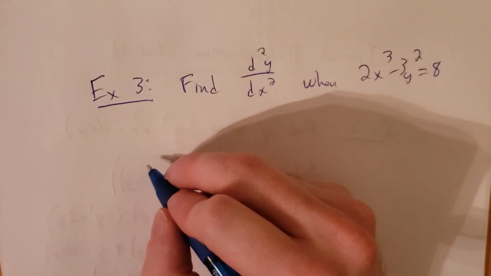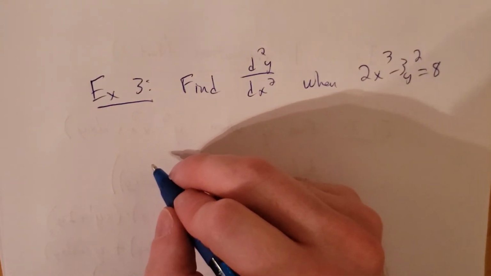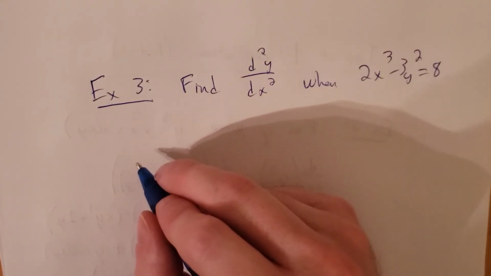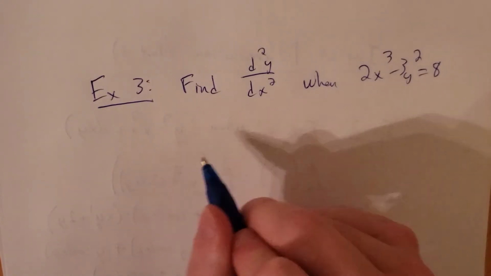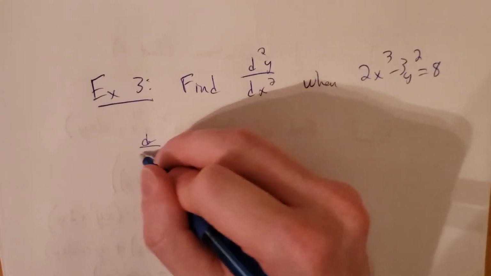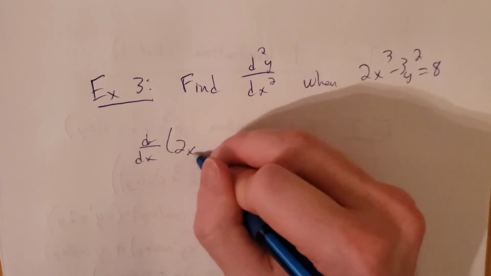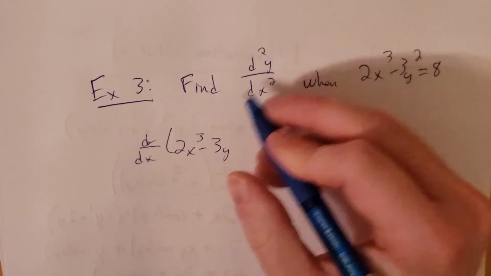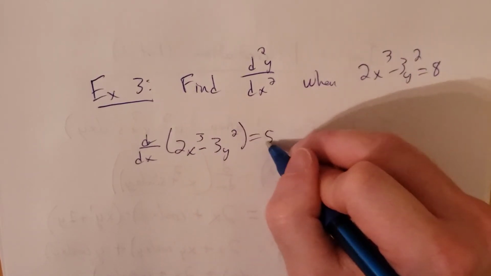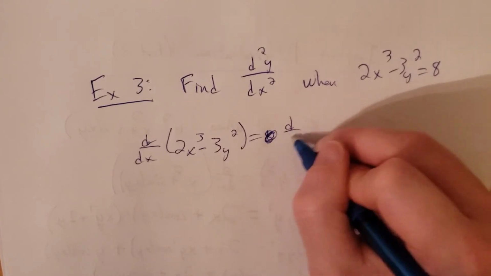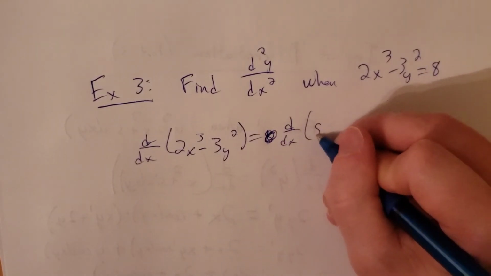So let's go ahead and solve that now. And to do that, we need to find the first derivative. So we take the derivative with respect to x of 2x cubed minus 3y squared is equal to the derivative with respect to x of 8.